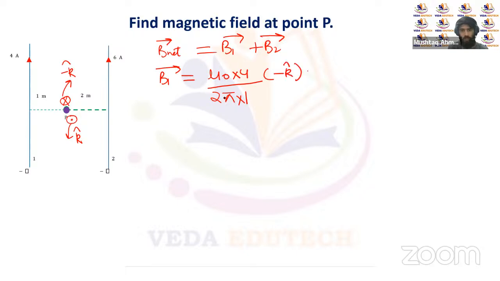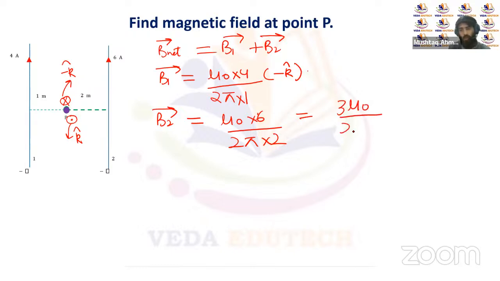Similarly, B2 vector will be mu naught I, where I is 6 amperes, upon 2 pi d, and the value of d is 2 meters. So it will be 3 mu naught upon 2 pi, and the direction will be plus k cap.